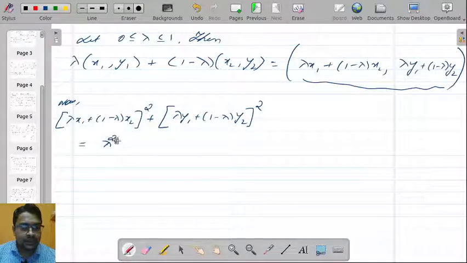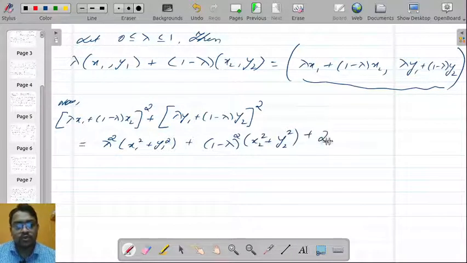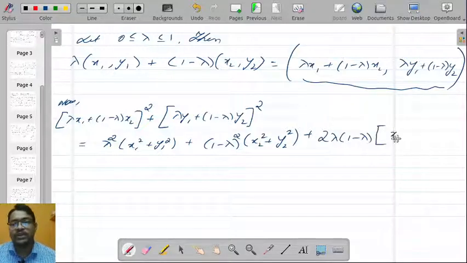If I take lambda square common, it's lambda square into (x1 square plus y1 square), plus I take (1 minus lambda) square common, it will be (x2 square plus y2 square), plus 2 into lambda into (1 minus lambda), this will also be common, multiplied with (x1 x2 plus y1 y2).